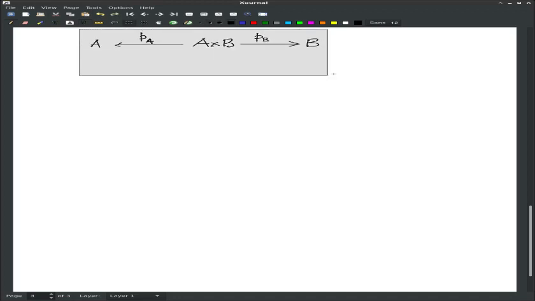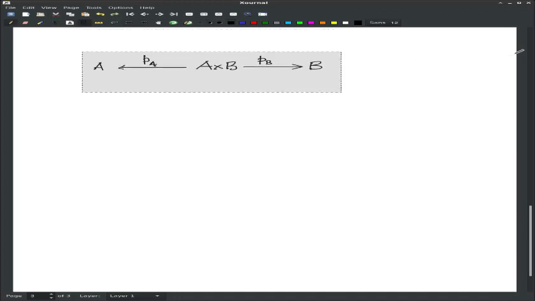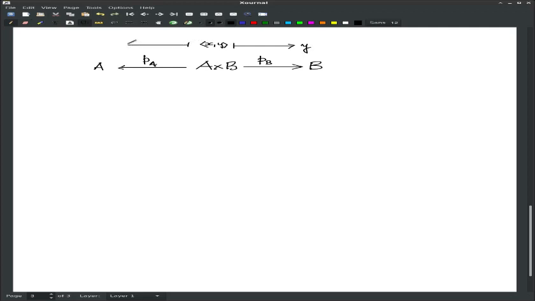You know what they do. The members of A cross B are often written like these pairs. I was writing them like this. This is taken to the second coordinate and this is taken to the first coordinate. Okay?